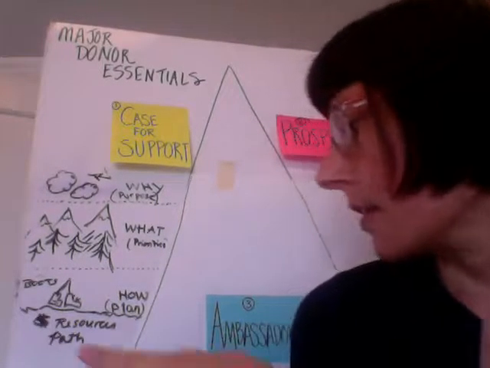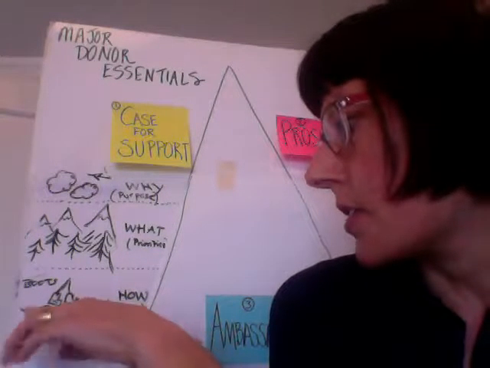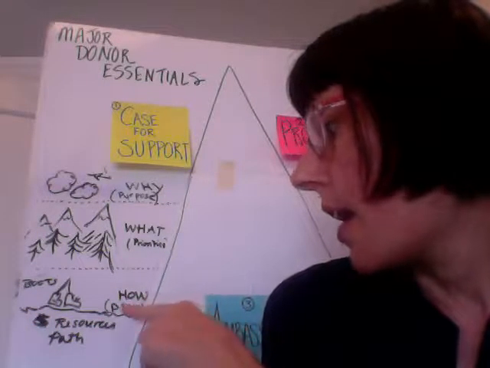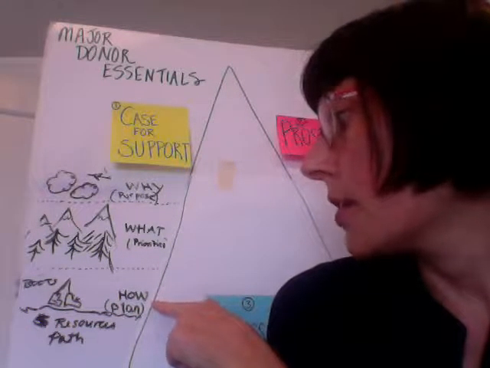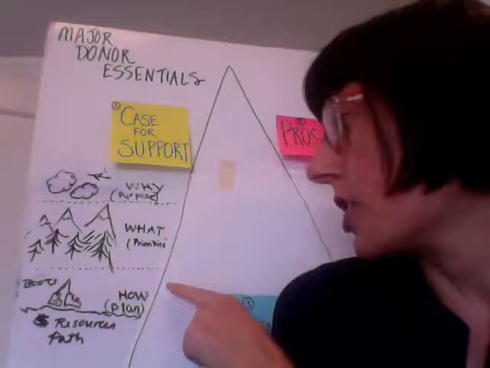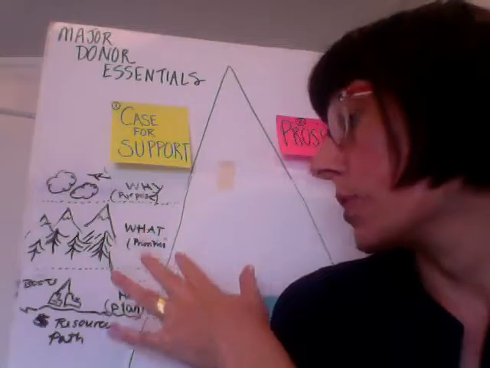The last layer here is, you can see these are boots on the ground. These are on the ground, how you will implement what your plan is, how you will achieve these priorities, how you will achieve this purpose.